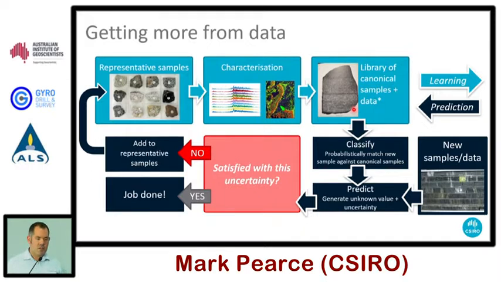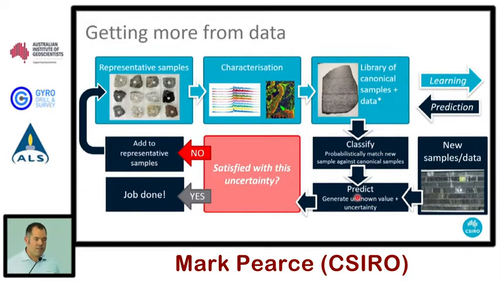It allows us to see the links and translate between the different data types. We can then produce classification, and start to predict, given new data from new samples, what we might see.